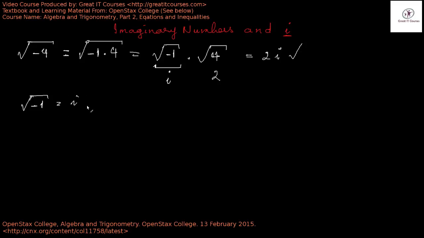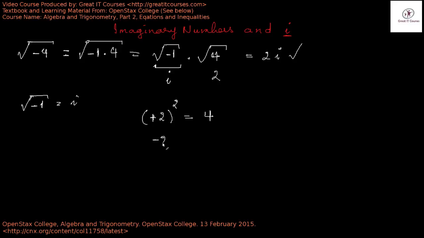The difference between a real number, for example plus 4, and an imaginary number i is that when you have a positive real number like plus 2 and you square it, you get plus 4.